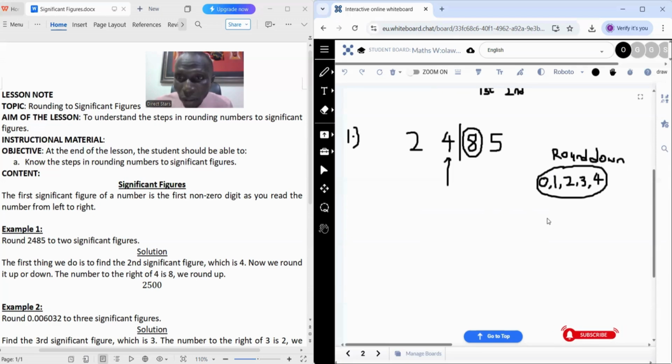But if we have 5, 6, 7, 8, 9, if you have these numbers, then you have to round up.